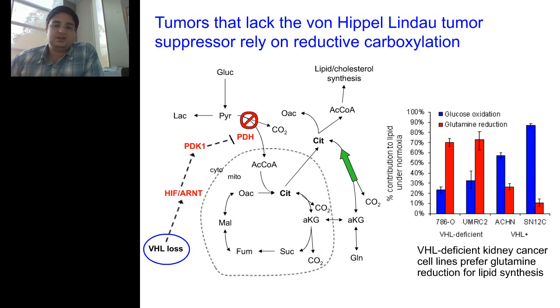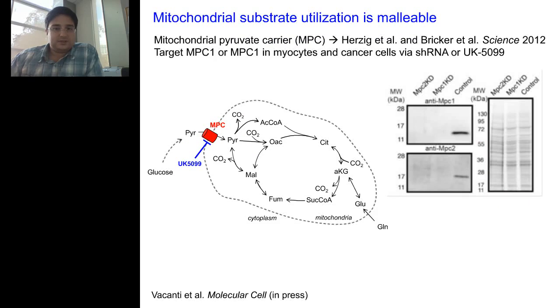VHL-deficient tumor cells, even under normoxic conditions, preferentially use this glutamine pathway, whereas kidney cancer cells that have wild-type VHL behave as normal cells do and switch under hypoxia. This isn't completely specific to tumor cells, but we also see some normal tissue types use this, such as T cells and adipocytes in our own lab now.